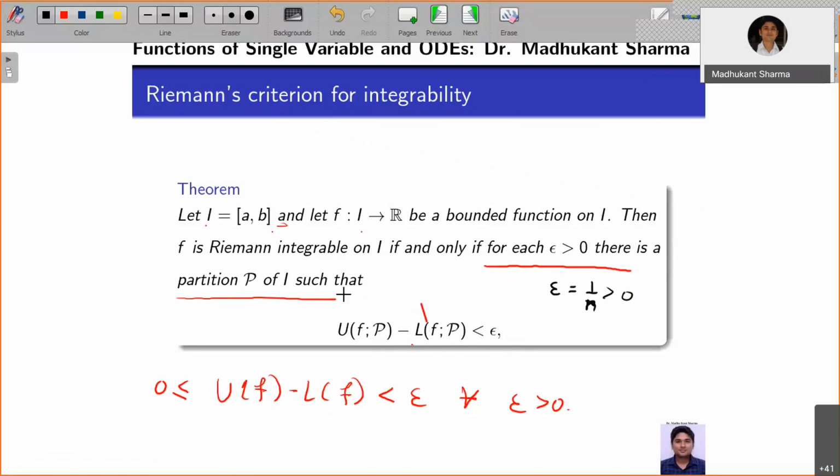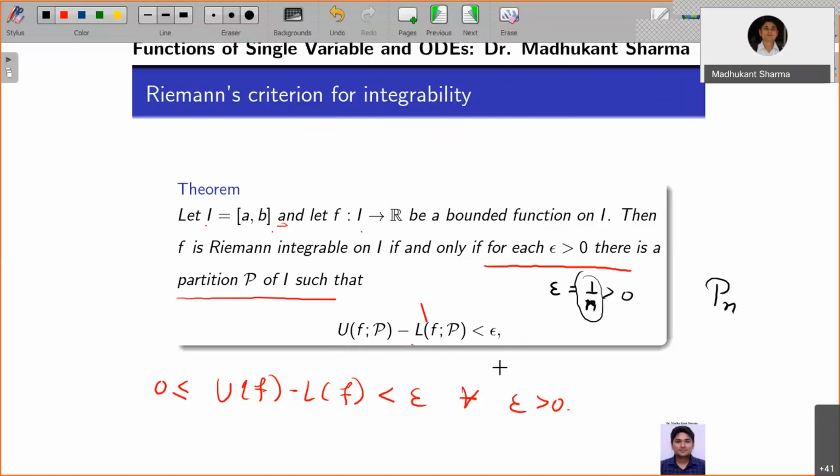Then f is Riemann integrable if and only if this happens. So for epsilon equal to 1 by n, you take a partition Pn, and if you show that U of f,Pn minus L of f,Pn is less than 1 by n, then if you take the limit as n tends to infinity, you know that the limit of 1 by n is 0.